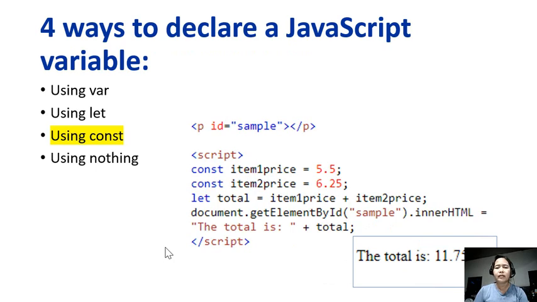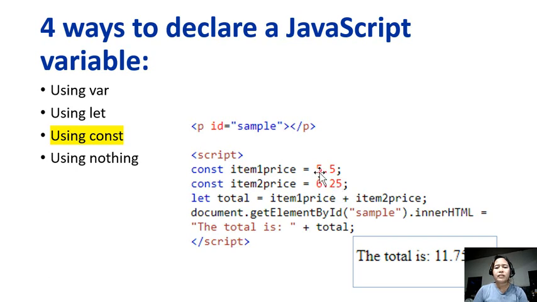Now, the third way to declare a JavaScript variable is using const. In this case, please take note that you only use const if you don't have any plan of changing its value. So as you can see, you have const item1Price is equal to 5.5 and const item2Price is equal to 6.25.